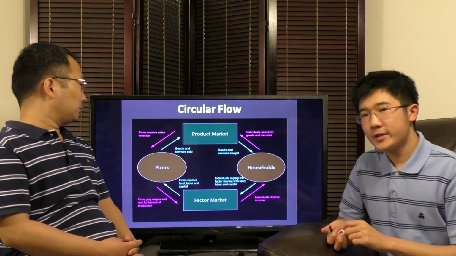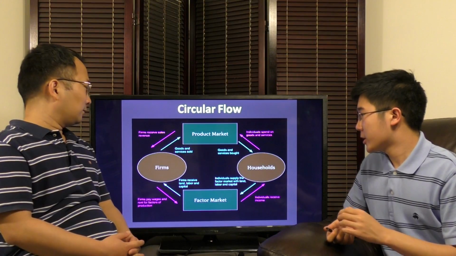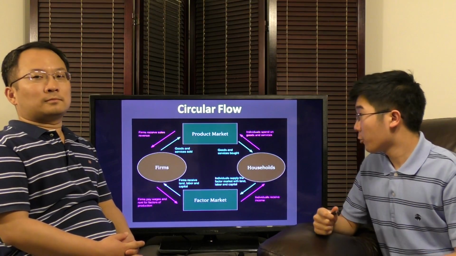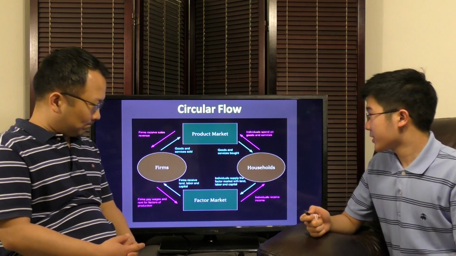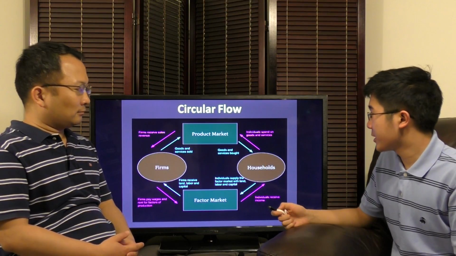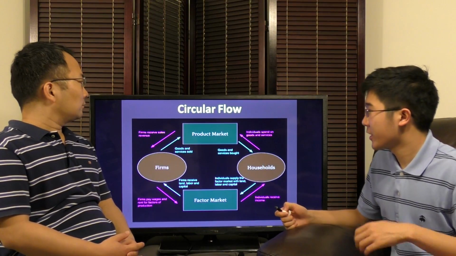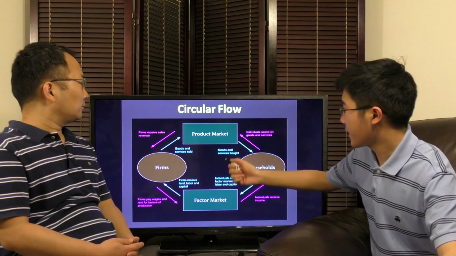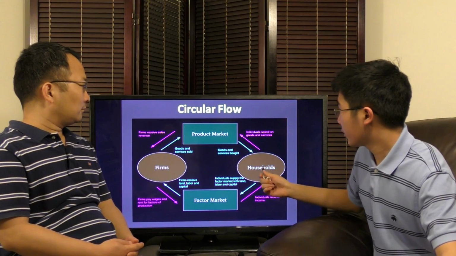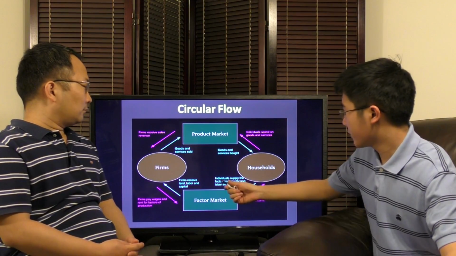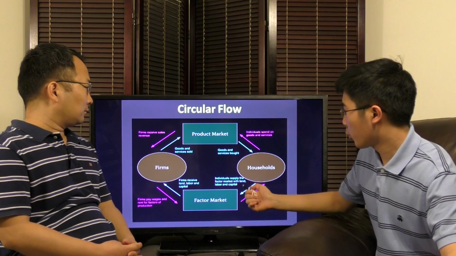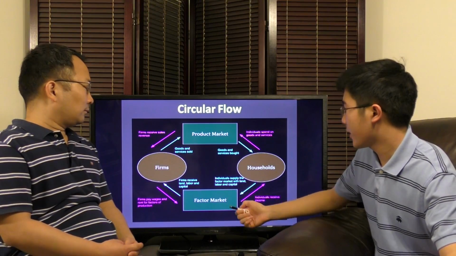And so here's a more elaborate, but still basic, structure of the circular flow model from the last slide. Basically, it just elaborates on what exactly is inputted and outputted. For instance, here we see that households provide the factor market with the four resources we just talked about: land, labor, capital, and entrepreneurship.